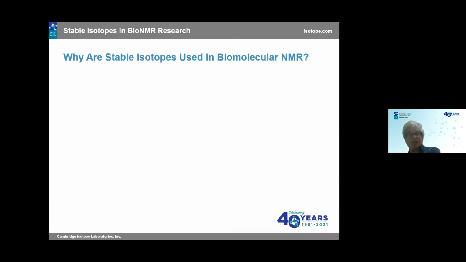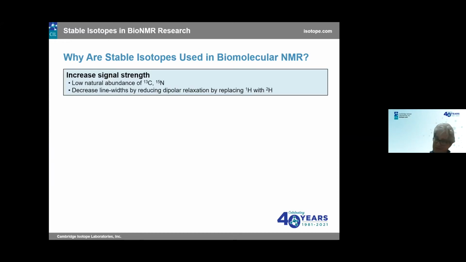So why are stable isotopes used in biomolecular NMR? The first and foremost reason is they're used to increase signal strength. Now, NMR is awesome. We all know that, but it does have a slight downfall, and it's because it's not inherently super sensitive. And there are many ways to increase the sensitivity. You can have a higher field magnet, you can have a cold probe, or you could just simply turn up the concentration or increase the number of spins.